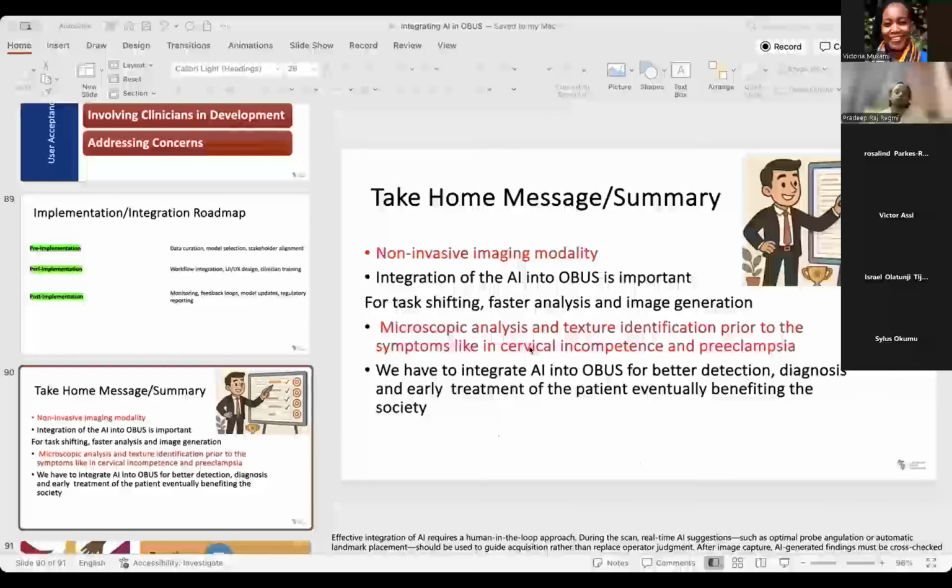The obstetric ultrasound survey was done in low and middle income countries, and the people from GE Healthcare did that. One of the authors, Kyla, is a friend of mine, so I shared this. They did it in some countries of South East Asia as well as some parts of Africa, I think. So it is a global thing.